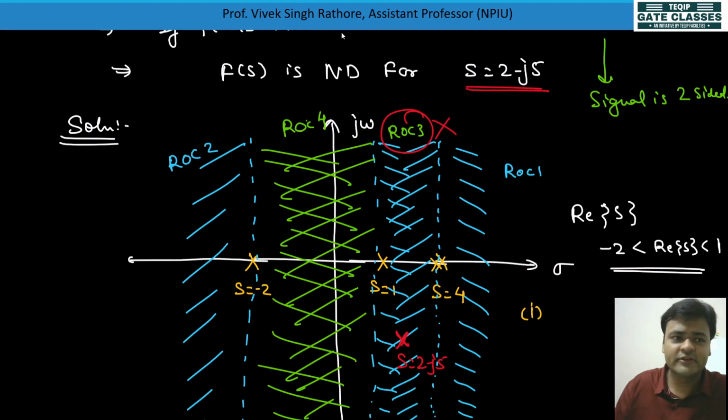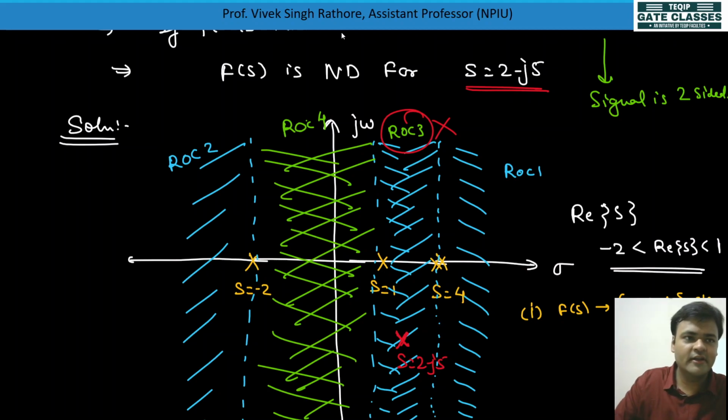If the inverse Laplace transform of F of s is to represent the impulse response of a causal system, which ROC should be considered?